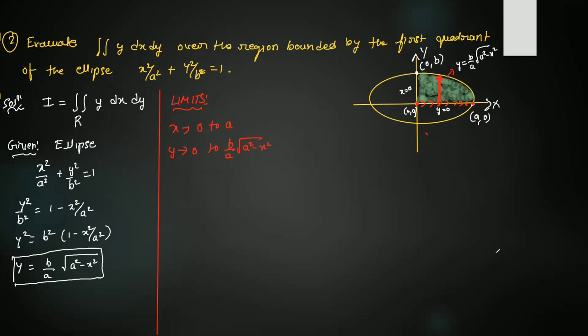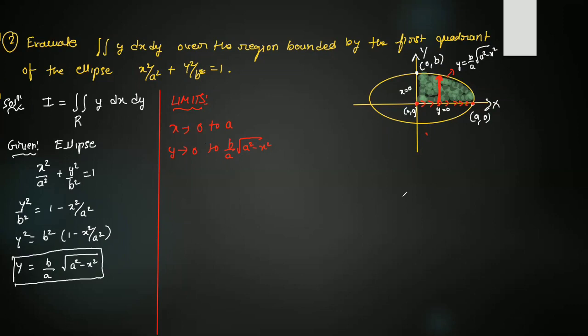If you have any doubt, please ask now. I have a doubt, sir. How did you identify the limits? How am I identifying the limits 0 to A for x? It is very clear. You tell me, x varies from where to where?